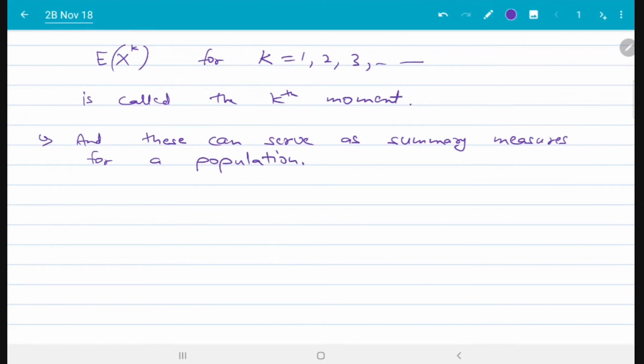Let me also say these are crude summary measures.